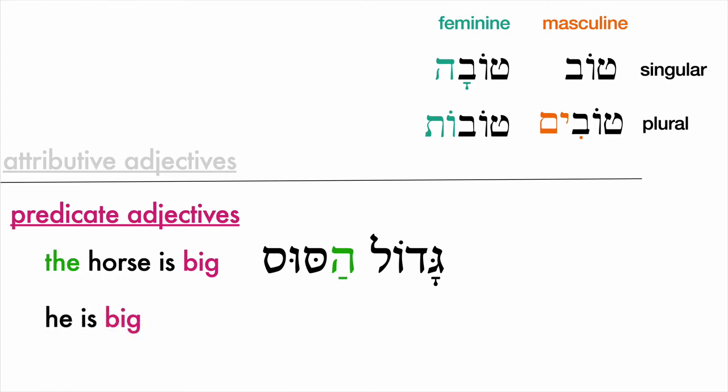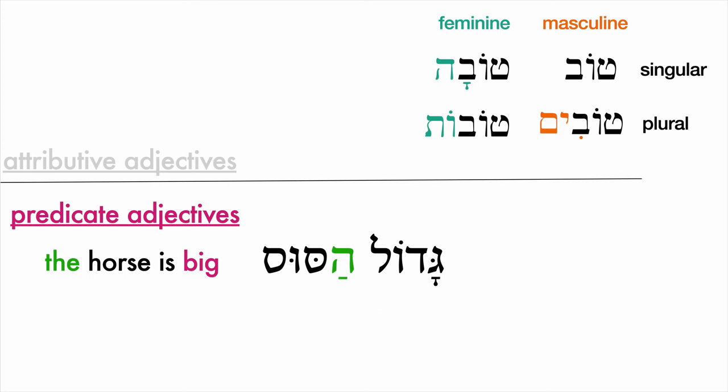If we want to say he is big, the basic rules of predicate adjectives will still apply. We put the adjective first, and then we just put the word for he. And just like it's one word in English, it's just one word in Hebrew, hu. So gadol hu means big is he. He is big.